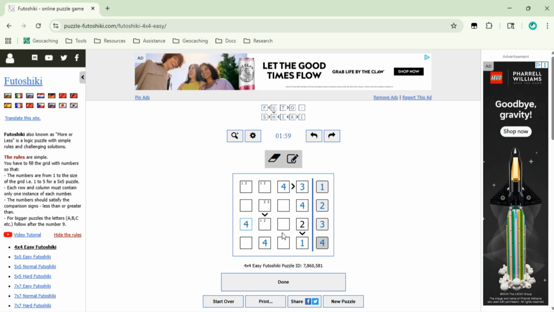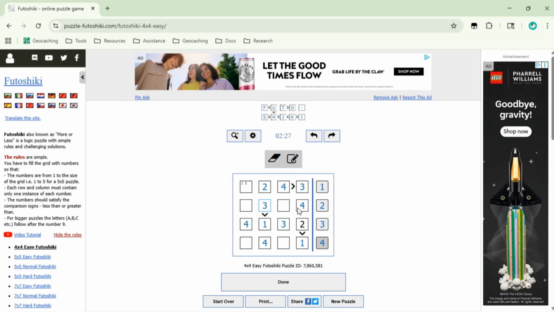So now every row and every column has a 4. So with the 4 in place and the 2, we know that this one can't be a 2, right? Because we already have a 2. So this one now is a 1 for sure. Means that this one is a 3 for sure. Since we have eliminated the 1, this one is a 1, this one is 3.